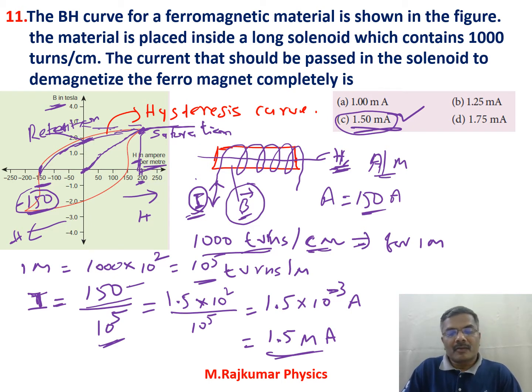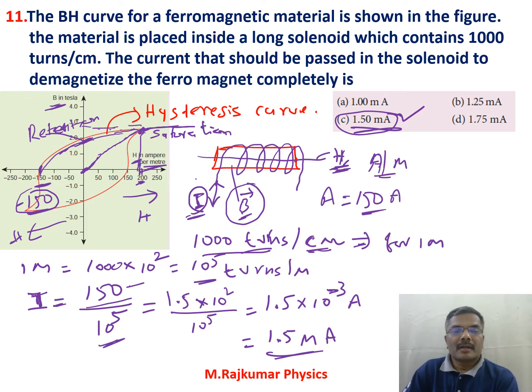So 150 divided by 10 power 5 will give the amount of current to be passed in one coil. So the answer is 1.5 into 10 power minus 3 amperes, or 1.5 milliamperes.